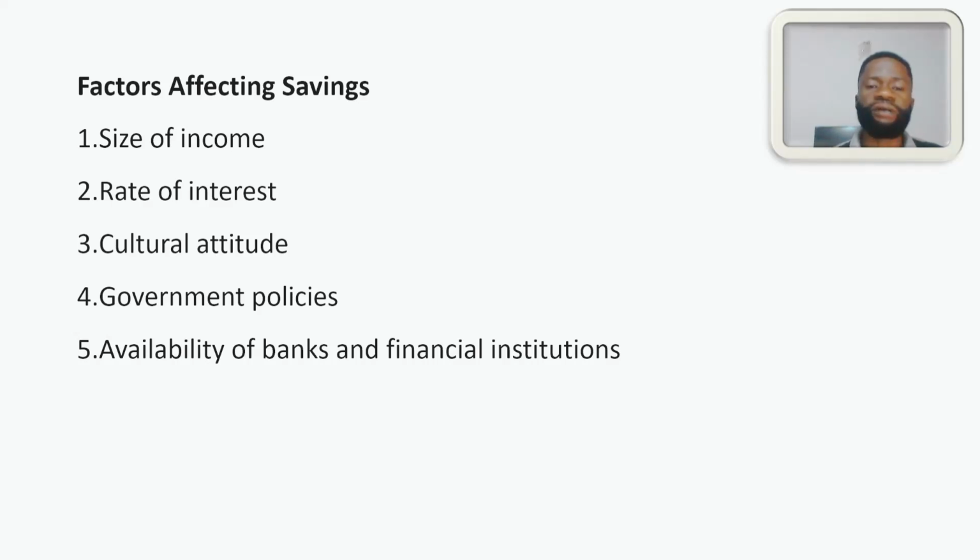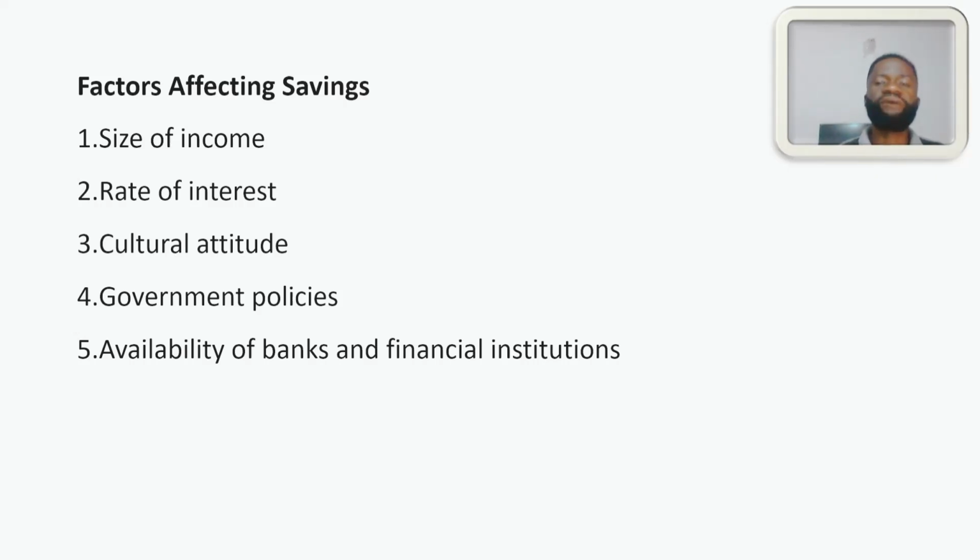As a result of that, people will be discouraged from saving because they are going to have a low amount of money on them. Also, when we have a policy like tax reliefs or exemption on savings, when there is tax relief on certain individuals, such people are encouraged to save more money. So favorable government policies increase savings, while unfavorable government policies reduce savings.